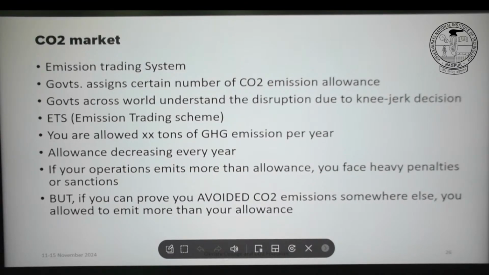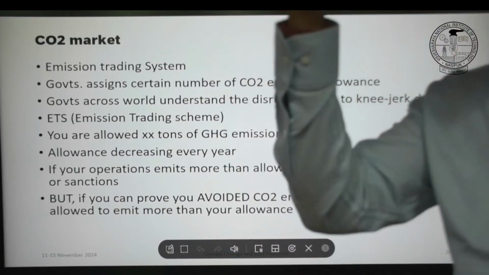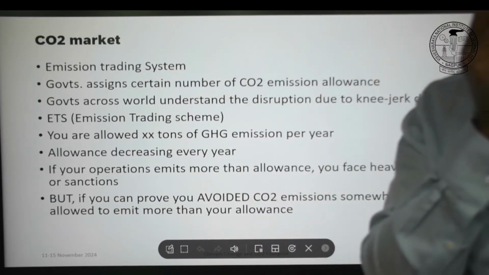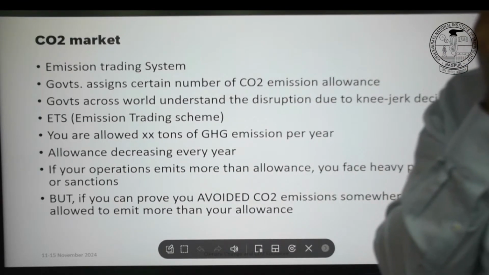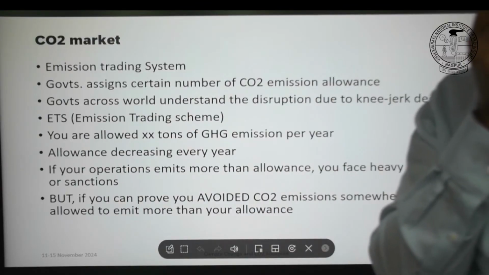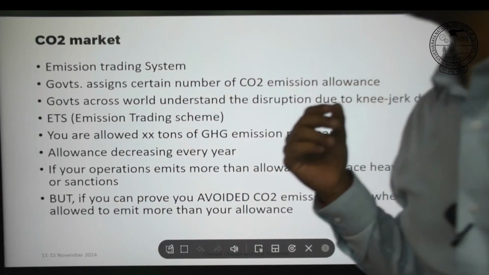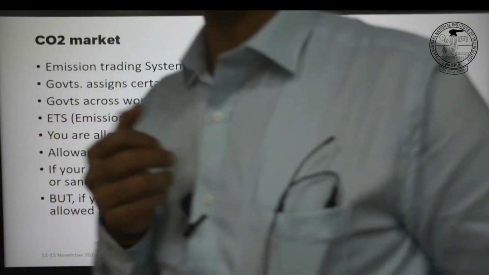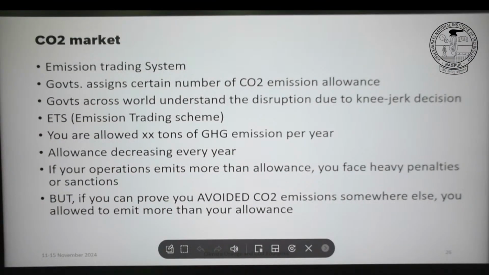But if I can prove that I have executed a project in China or in India or in Bangladesh or some other country where I reduced CO2 emission by 10, then I will not have any penalty. That was the way in the early days of the ETS, the European trading scheme.